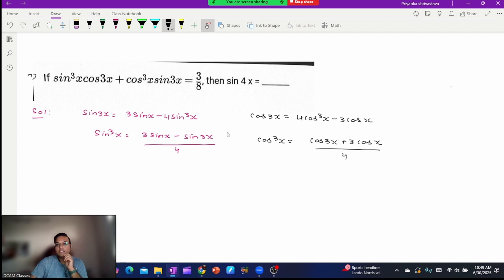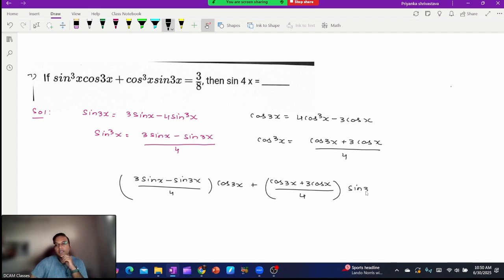So we'll put these values in place of sin cube x and cos cube x. So it will become 3 sin x minus sin 3x by 4 into cos 3x plus cos 3x plus 3 cos x by 4 into sin 3x will be equal to 3 by 8.